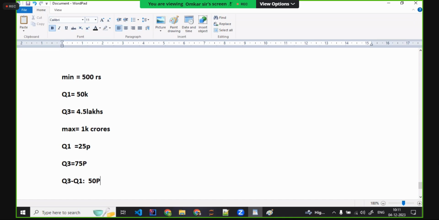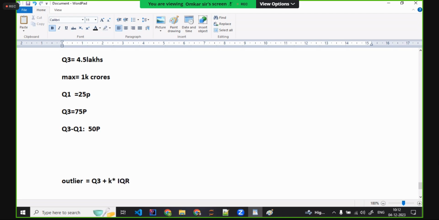So how many times of the middle class family salaries do you want to give? Suppose I am earning 1 lakh per month, and my friend is earning 50 lakhs per month. That is 50 times mine, right? So how many times do you want to provide? Now outlier is equal to Q3 plus K times IQR.